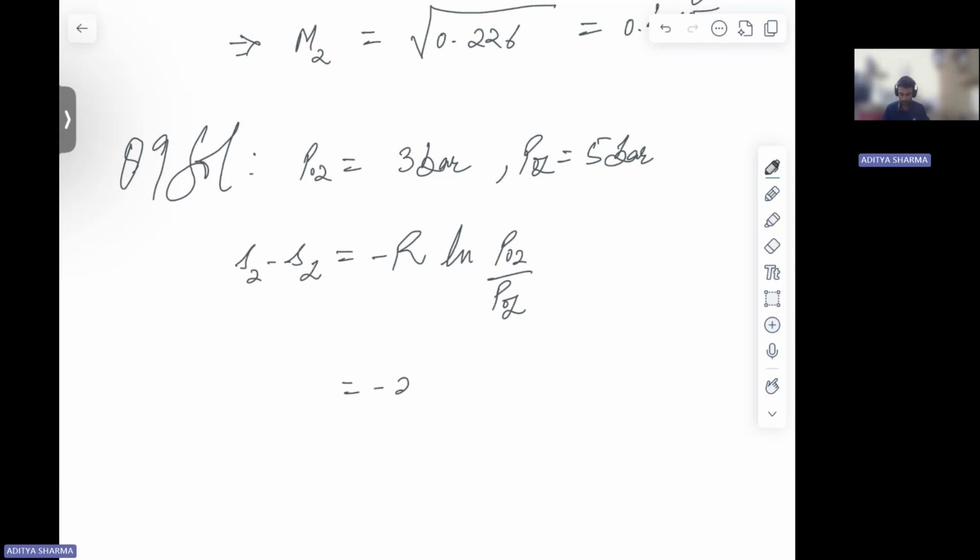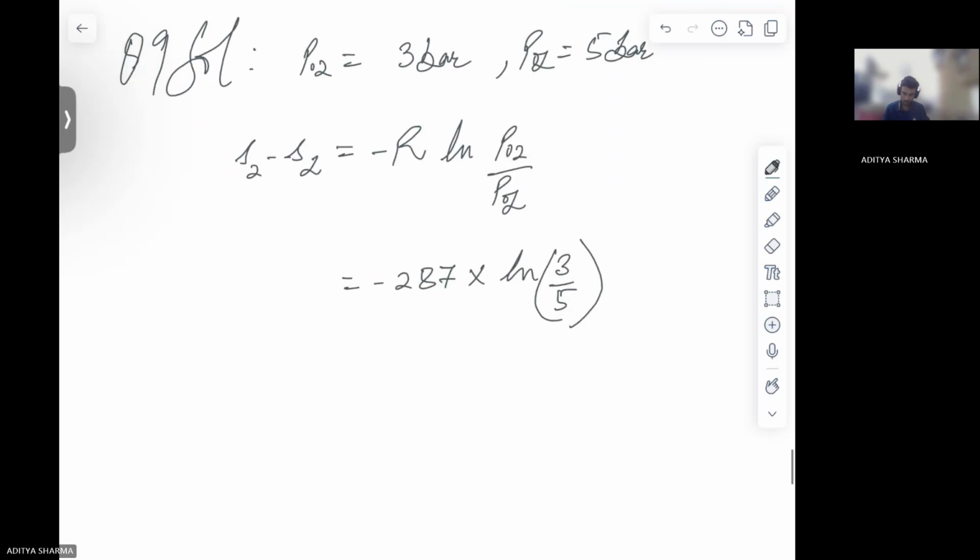So putting the values, if you calculate this, this will come out to be this. This is your question number 9.